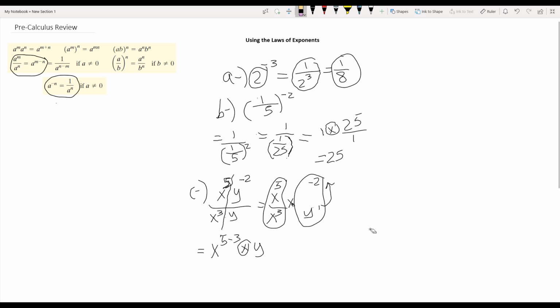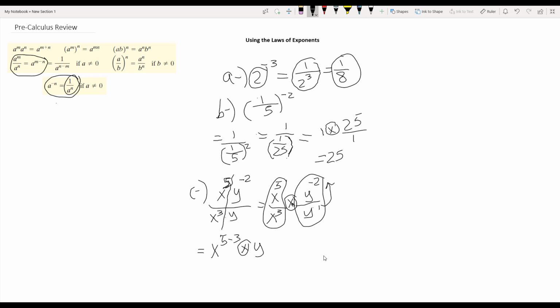But when it goes up, it becomes a negative 1 by this rule here. Okay, so that's basically what's going on here.